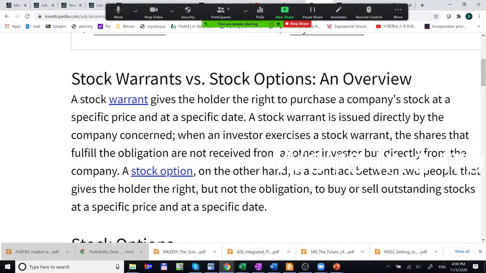Occasionally, when the company is expanding, the existing shareholders may be issued some warrants as the company keeps expanding and raises more and more capital. But in general, it's used as incentives.